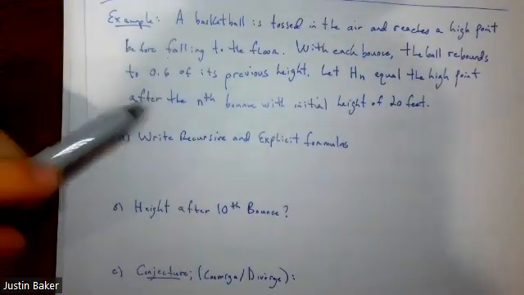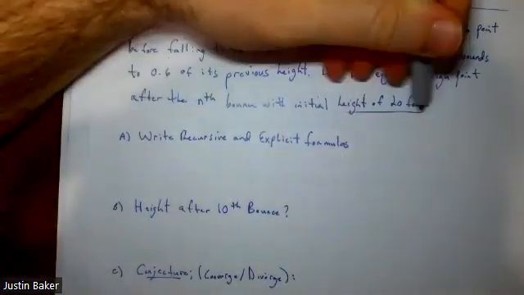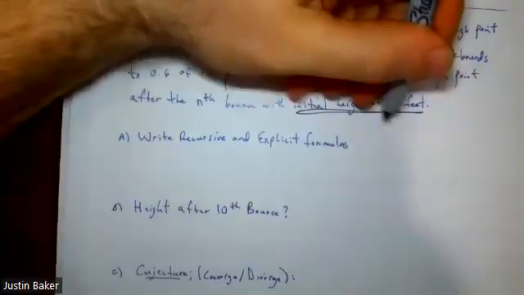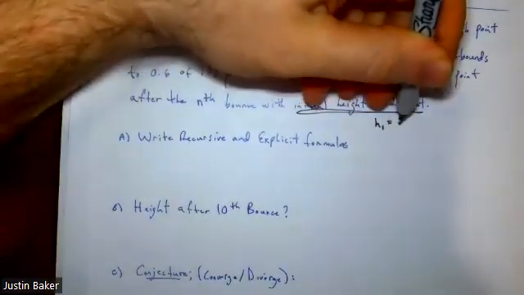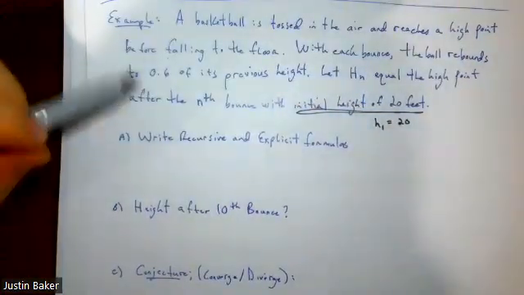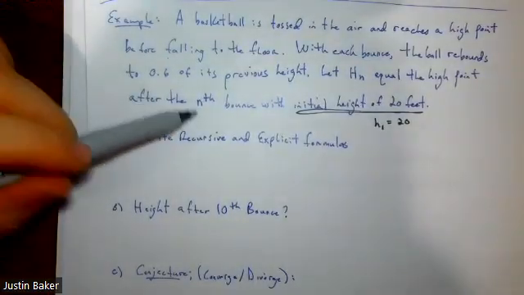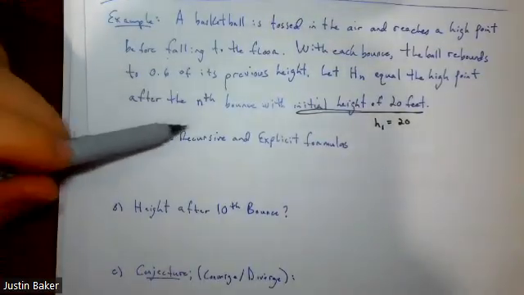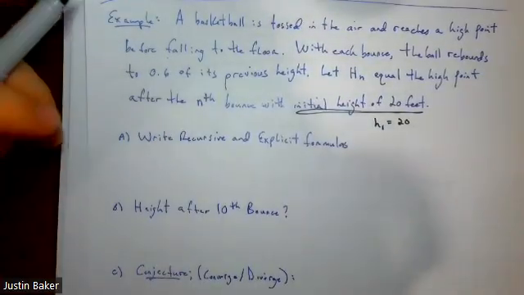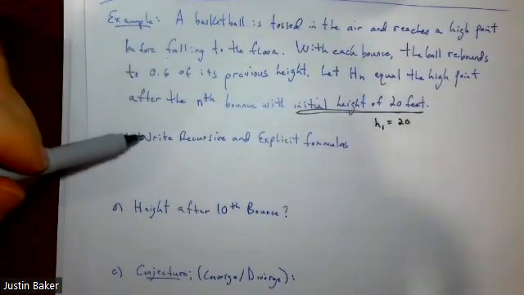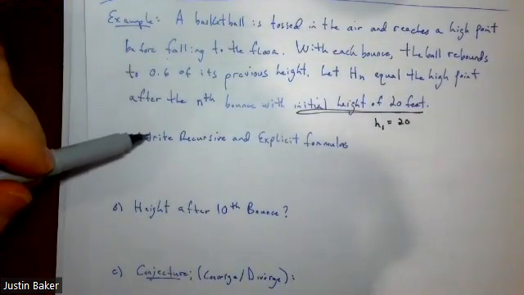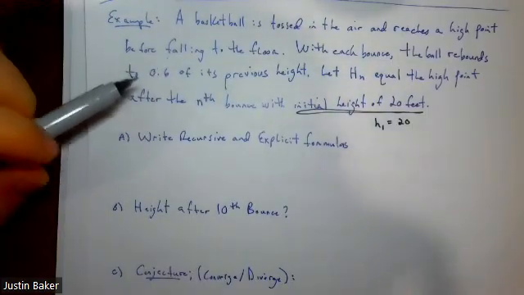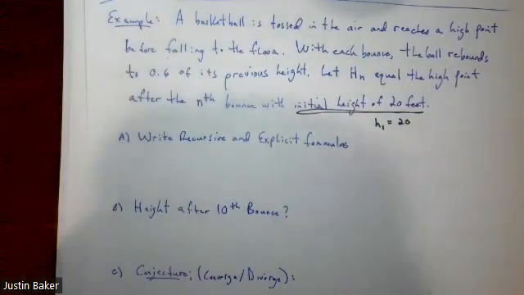So when you see initial height of 20 feet, that's another way of saying h sub 1 is equal to 20, because each one of these is going to be the next bounce, the nth bounce. Okay, we want to write recursive and explicit formulas. See what you guys come up with. We want to write a recursive and an explicit formula.